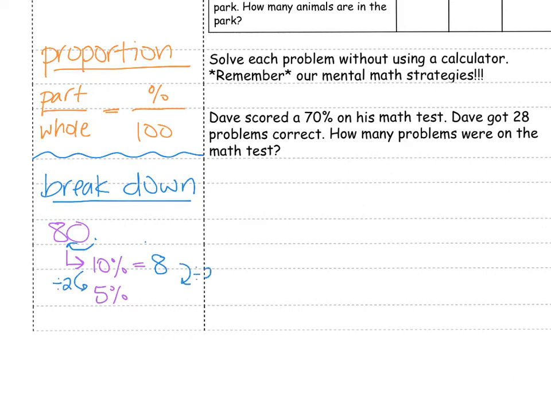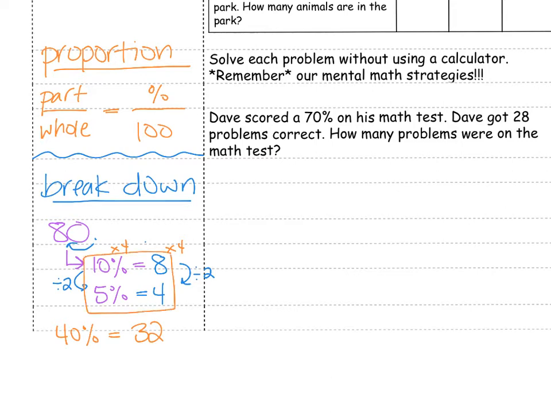So we can take half of 8, and we know 5% of 80 would be 4. If we know 10% and 5%, we can find anything. We could find 40% hypothetically. If I wanted 40%, I know that's 10% times 4, so it would be 8 times 4, which is 32. So if we know 2 pieces, we can find basically anything.